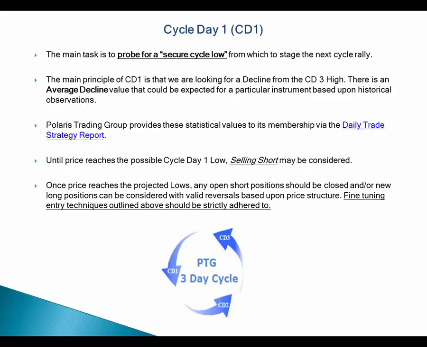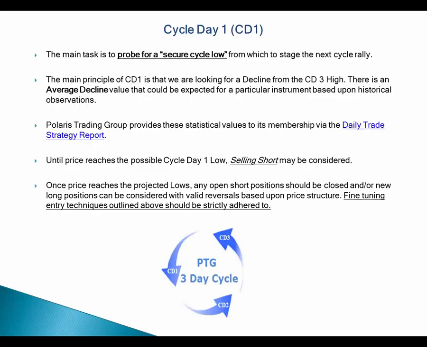All right, so the main principle is simply that, again, we're looking for a decline from the cycle day 3 high at the end of the prior cycle down to whichever final secure low is in place on the cycle day 2.